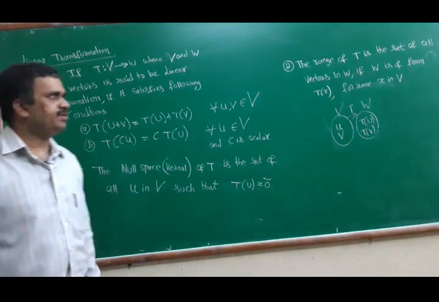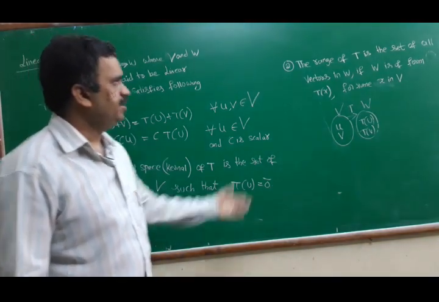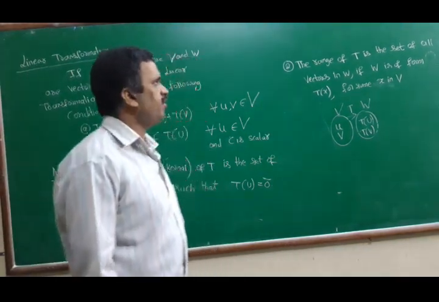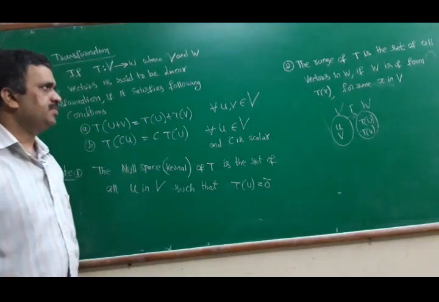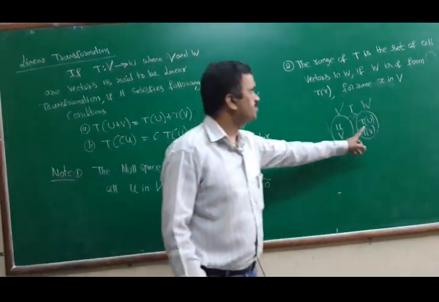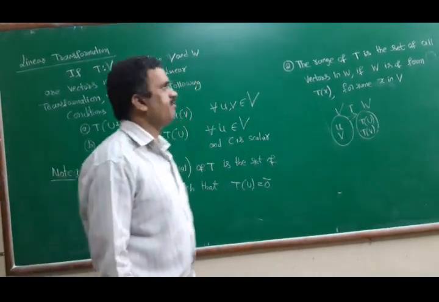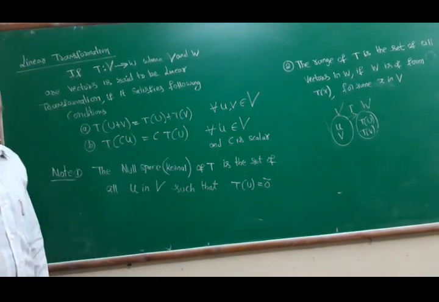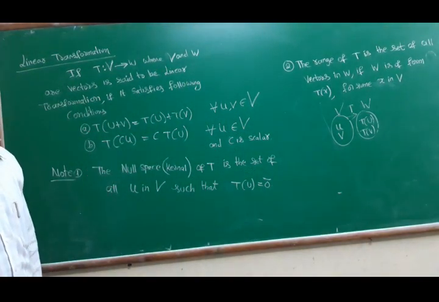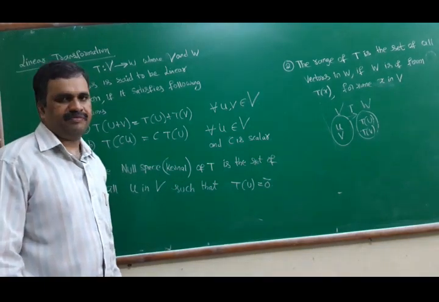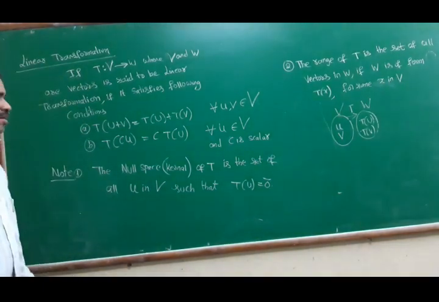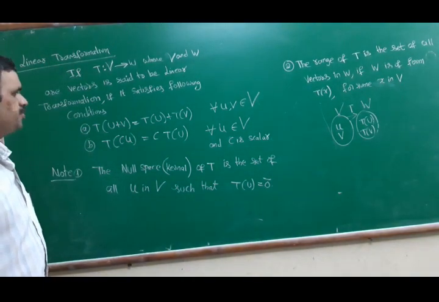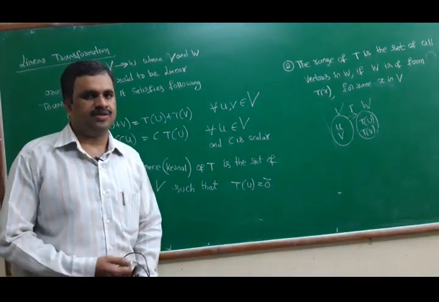And second, the range of T is the set of all vectors in W of the form T of x for some x in V. That's all. Now we will solve some problems based on this.